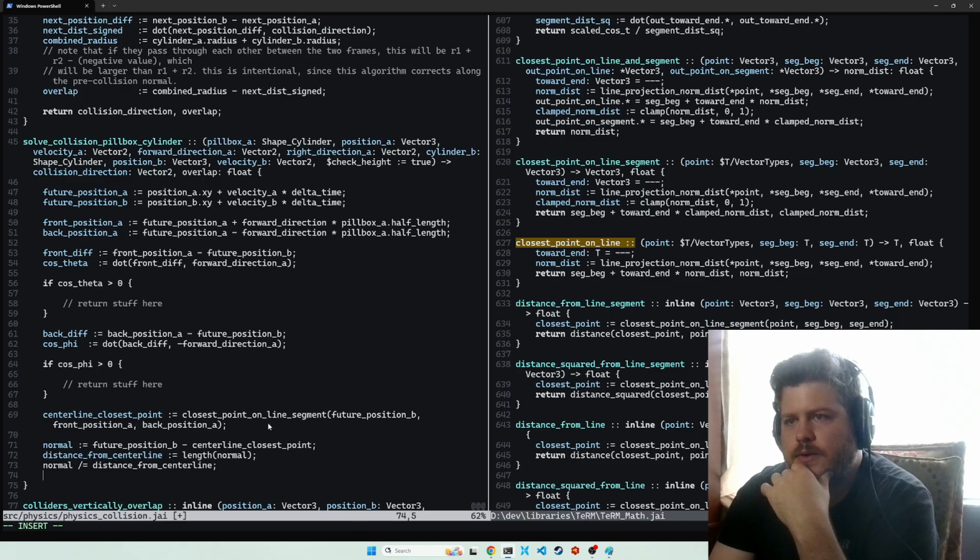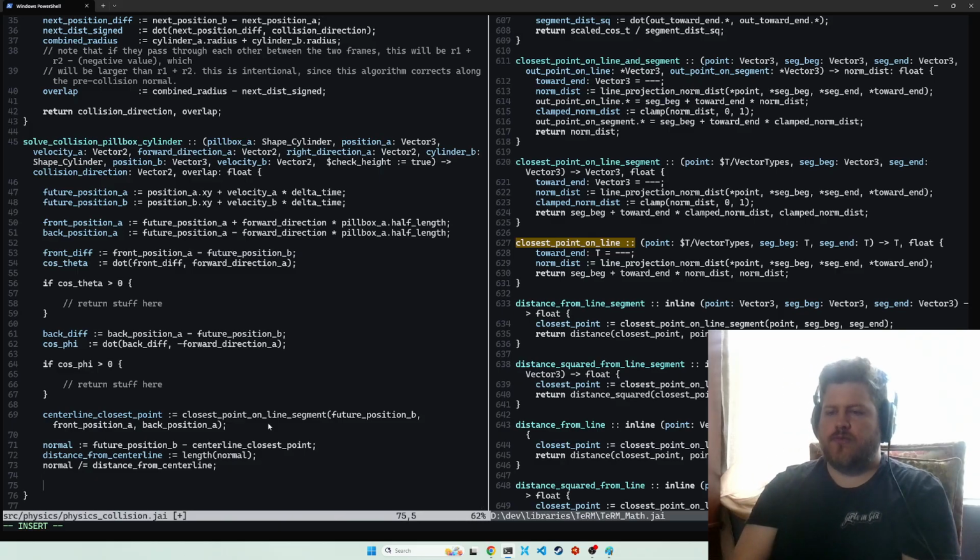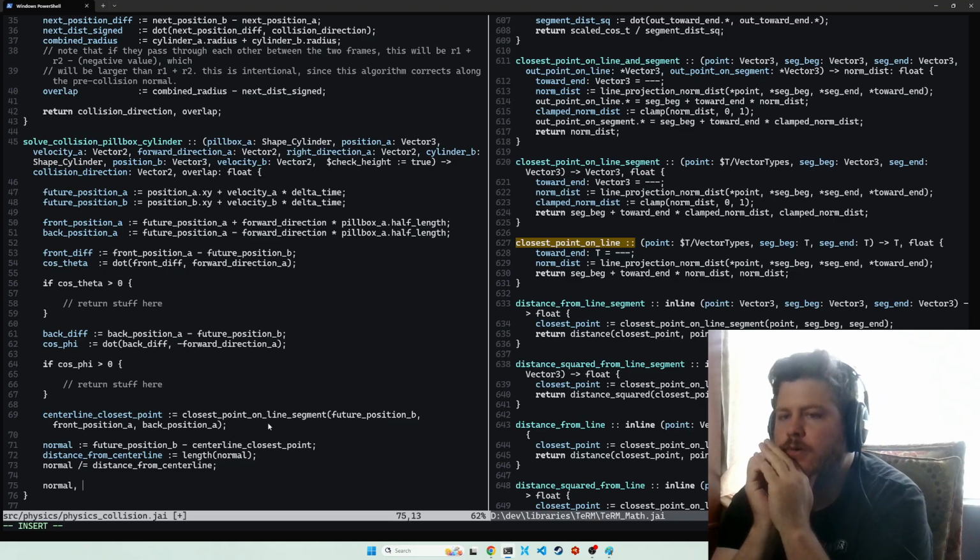All right, doing some math. All right, so we have the hit normal if it's on the side, and we have the distance that they're at, and so the overlap is just going to be the negative of, let's see, the direction, so we're doing normal, as well as let's see, this is actually, I do need to correct.